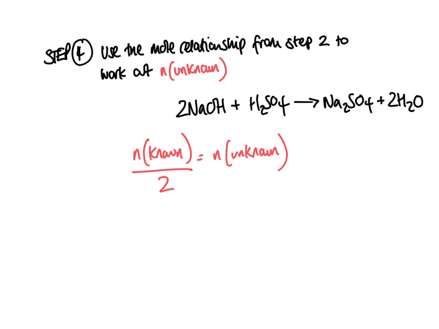If we plug in the numbers that we've already worked out, the number of moles of NaOH equals 2.625 times 10 to the minus 3 moles.